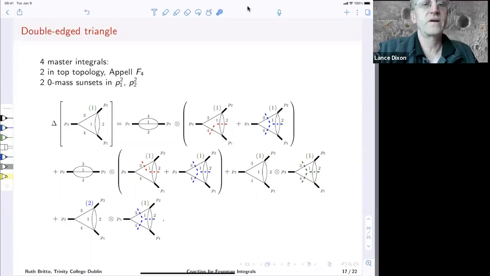Hi, Ruth. Thanks a lot for a great talk. I have a question about something you said at the beginning, and also just now, about dimensional regularization being crucial. More specifically, you said that if I take the coaction according to these rules, then the things on the right-hand side might be singular in dim reg, even if the thing on the left was not.